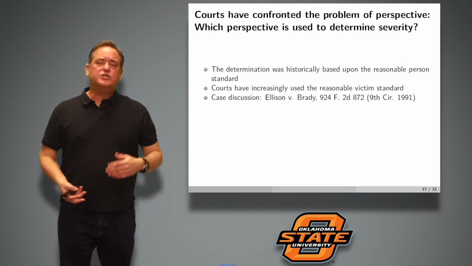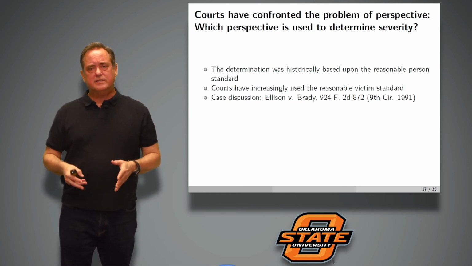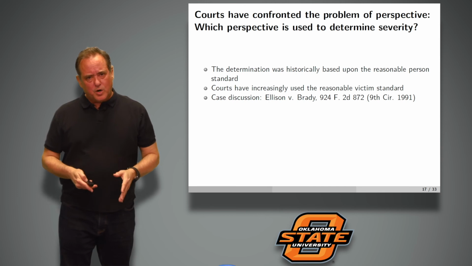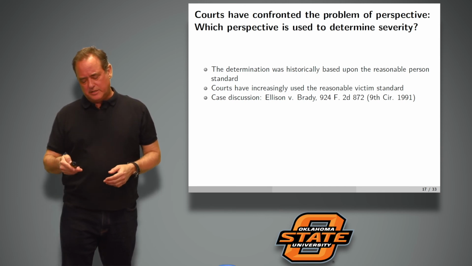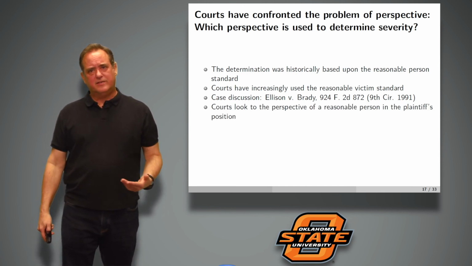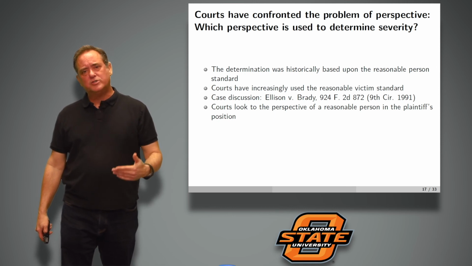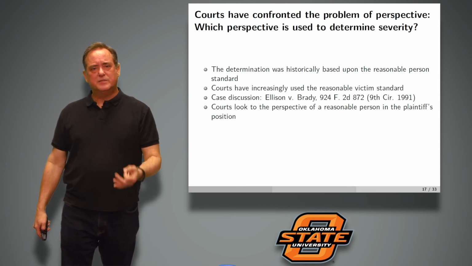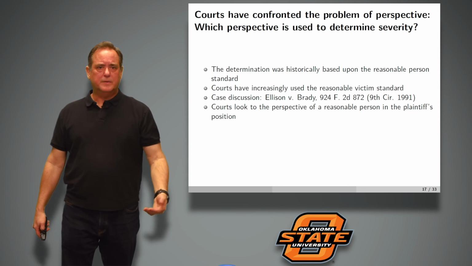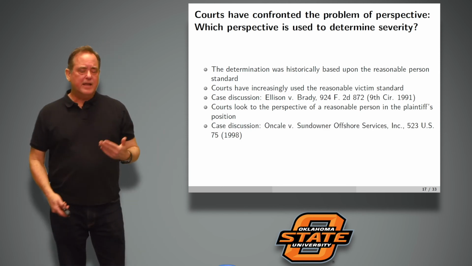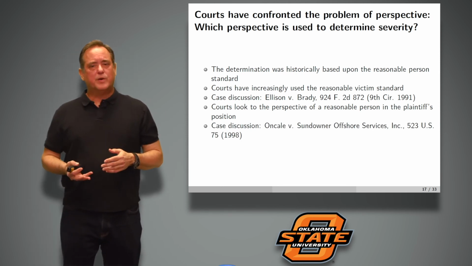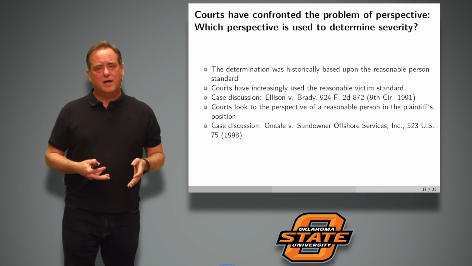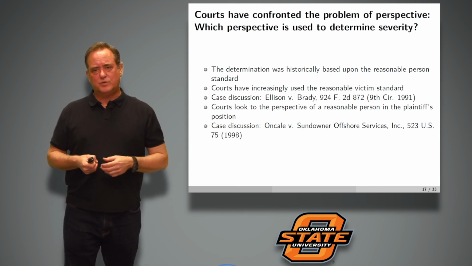And so the court reshaped the standard to say, let's look to see what a reasonable person in that position would say about severity. Look to what a reasonable person in that particular position, a young woman, would think. Now, this standard was eventually adopted by the Supreme Court in a case called Oncale versus Sundowner Offshore Services.